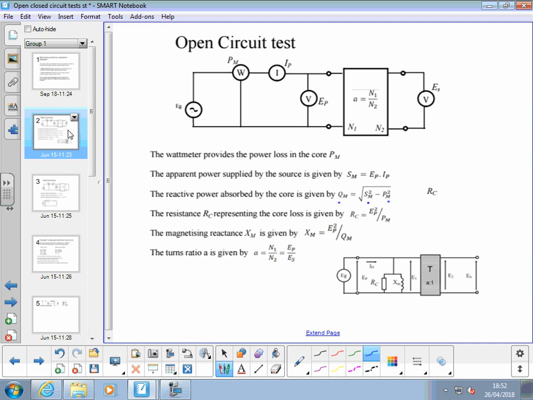The magnetising reactance XM can be found by EP squared over QM, and the turns ratio can be obtained from EP primary over E secondary. And that's from the readings that we get on those meters.